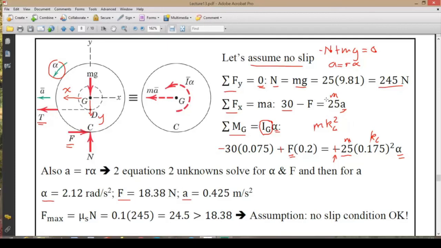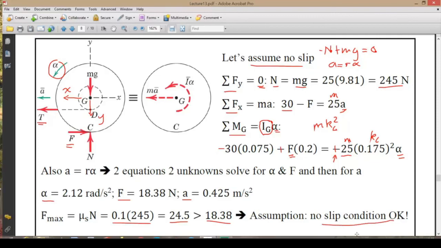We already calculated this normal force. Mu s is given to us. Mu s times normal force is the maximum friction force, 24.5 newtons. And then the friction force that we calculated from our motion equations is 18.38, which is less than the maximum friction force that can exist. Therefore, our assumption is correct.